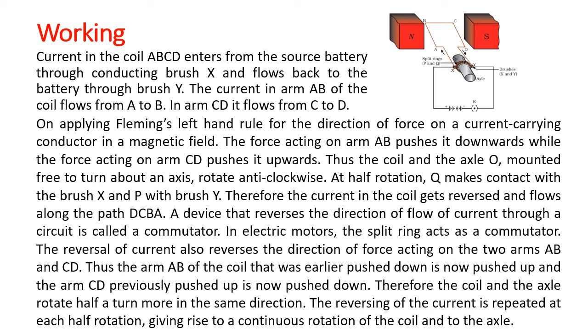So when we press this switch, this is the positive side, current is flowing from the brush X to the split ring P, moving from A to B to C to D and then to the split ring Q and then to Y. Now you can see this coil ABCD is attached to the split rings P and Q, while these wires are attached by brushes.